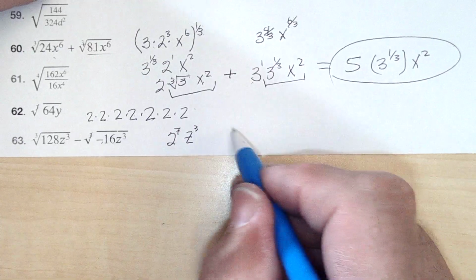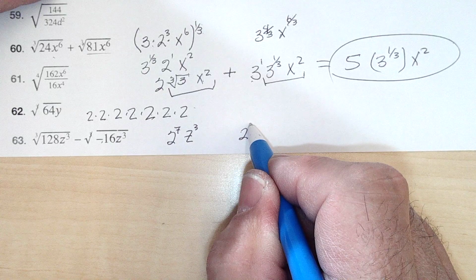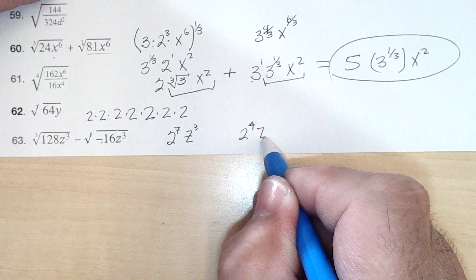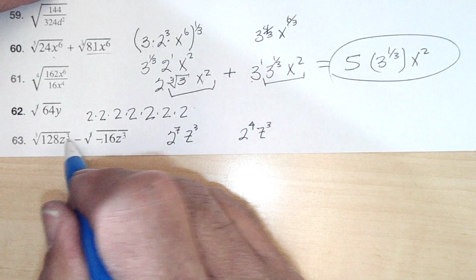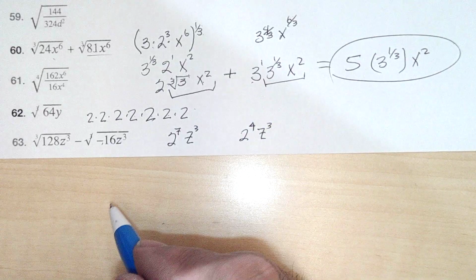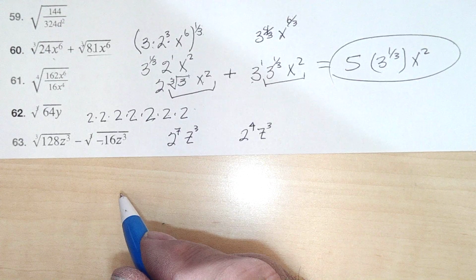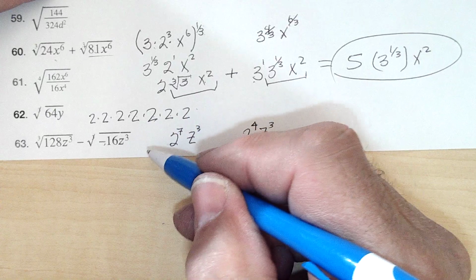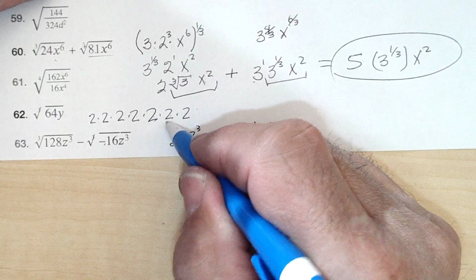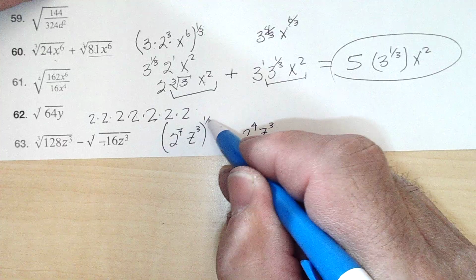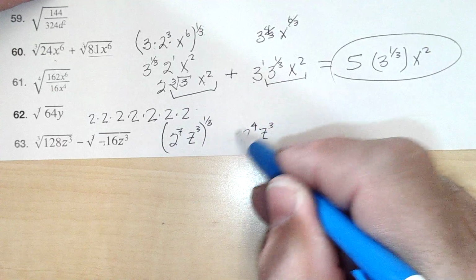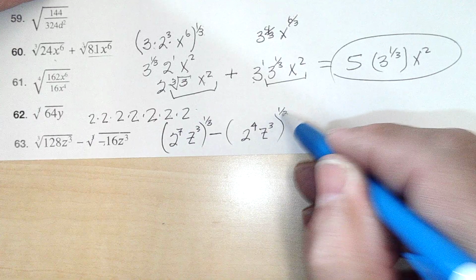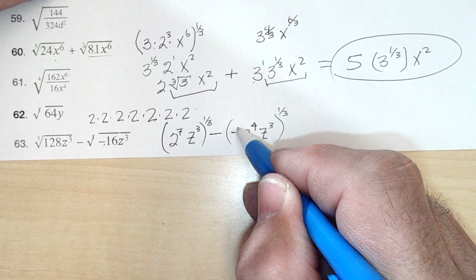See, 16 is 2 to the 4, z to the 3, and subtract. After we do the cube root, so we got to do to the 1/3 power and 1/3 power, and there's a -1.